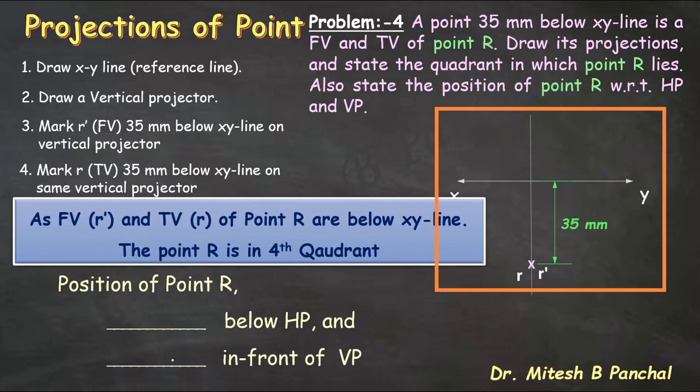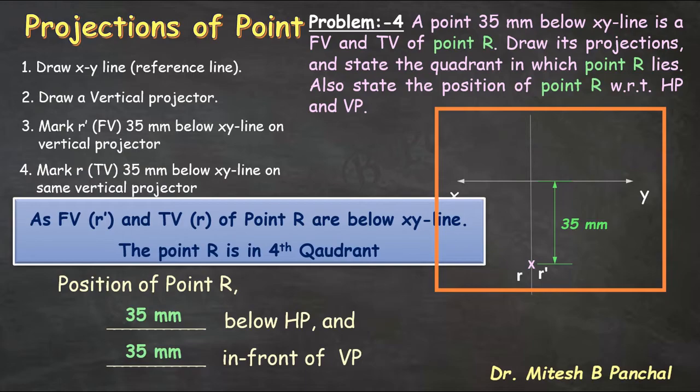Now we have to write the dimensions. Here both the views are at the same distance from XY line. So front view is 35 mm below XY as well as top view is 35 mm below XY line. So position of point R is 35 mm below HP and 35 mm in front of VP.